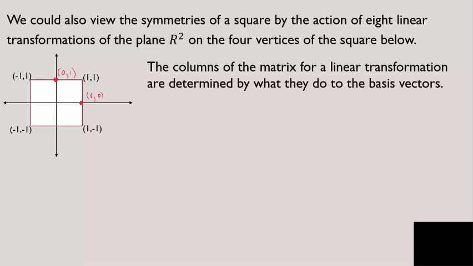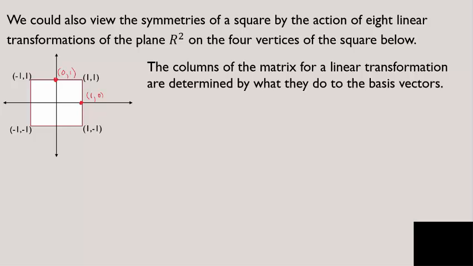We're going to cover that later. The columns of the matrix for a linear transformation are determined by what they do to the basis vectors. So our standard basis vectors are 0, 1, and 1, 0. I've labeled the basis vectors there on the x and y axis.